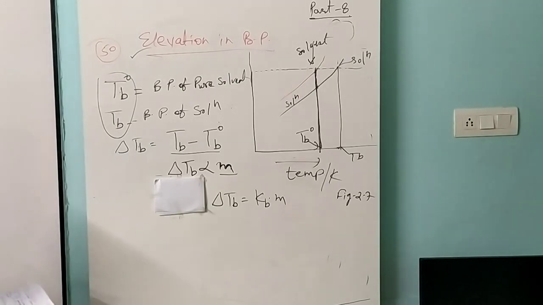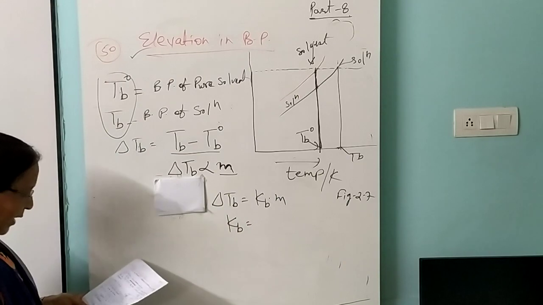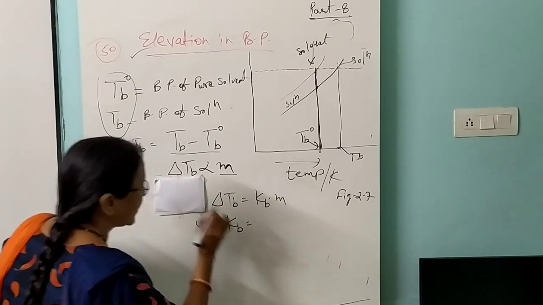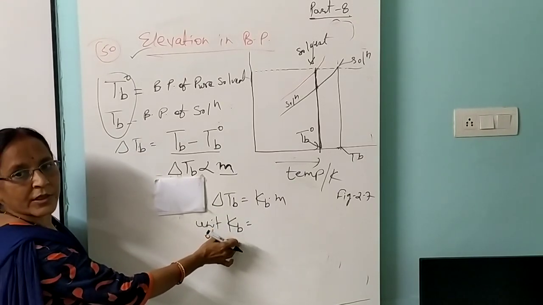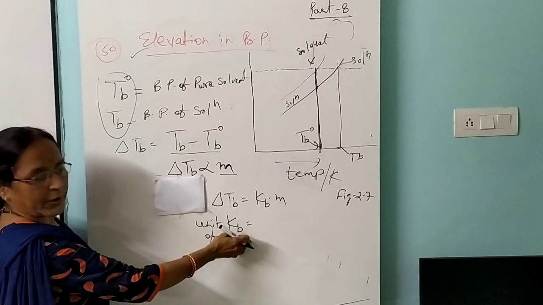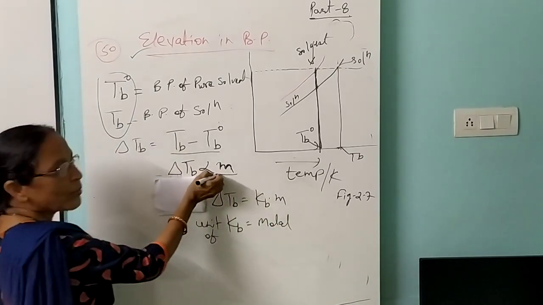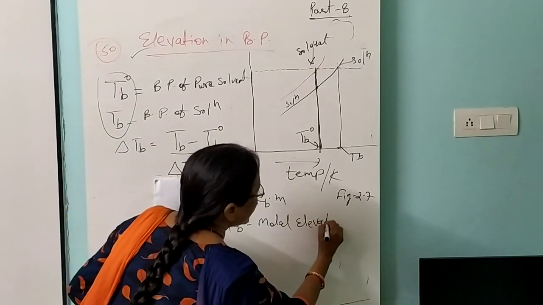K_B is known as the molal elevation constant, because it is for molality.